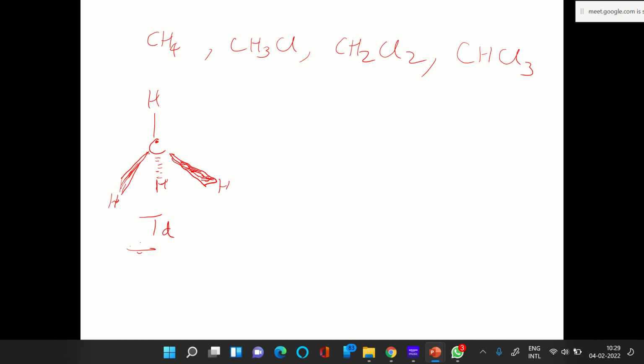We have discussed the tetrahedrals, and we found that there was a large number of symmetry applications. But once you replace one of them with Cl, imagine this Cl, and now try to find the point group for this particular molecule.